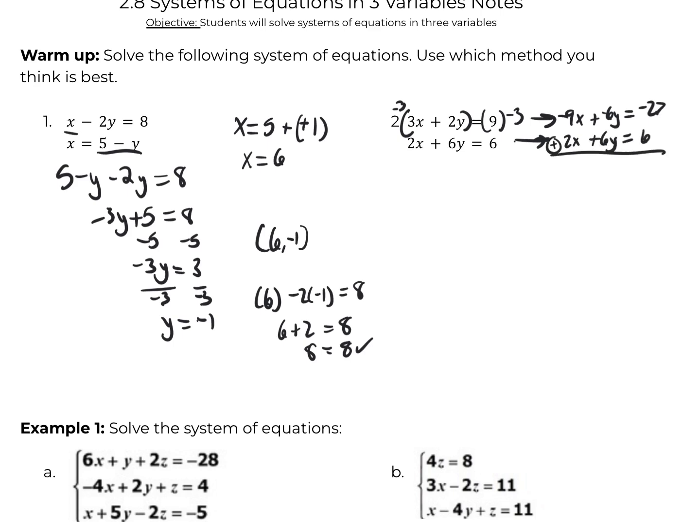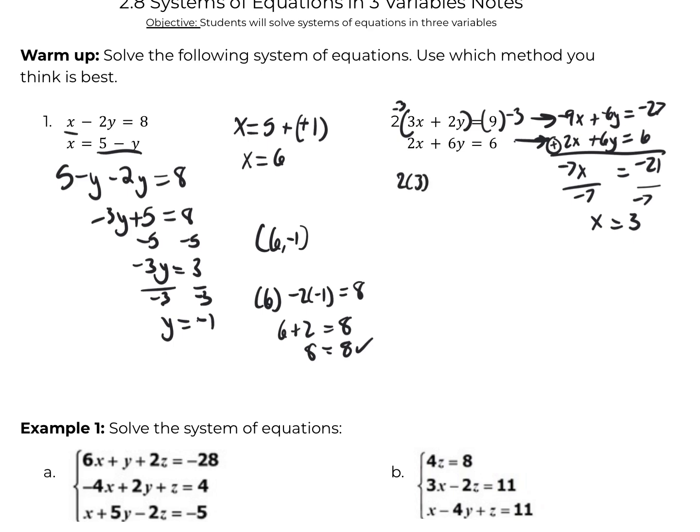So then I add these together. Negative 9x plus 2x is negative 7x. The y's cancel out. Negative 27 plus 6 is negative 21. Divide both sides by negative 7, and I get that x is 3. And now I can plug that into one of my original equations.